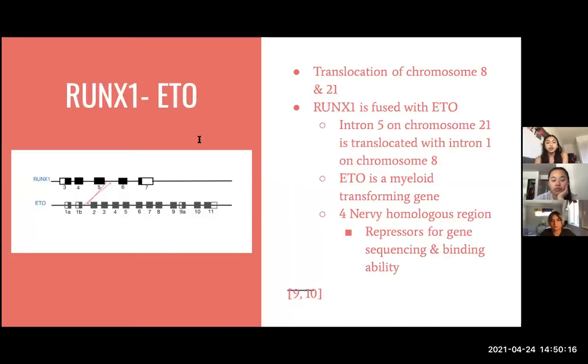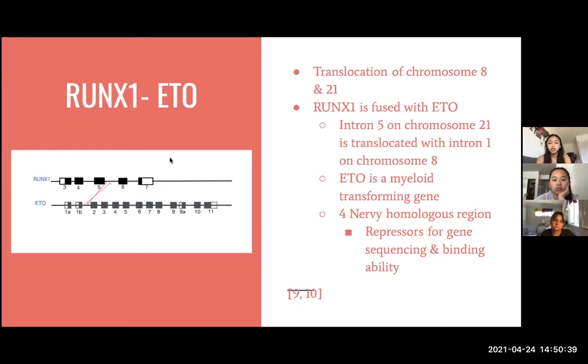So there are many mutations that can occur with RUNX1. However, the mutation that results in AML is the translocation between chromosomes 8 and 21. This is a chromosomal mutation, and it involves the translocation of intron 5 on RUNX1 and intron 1 of ETO.